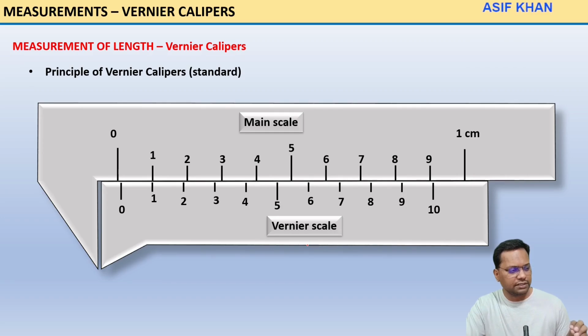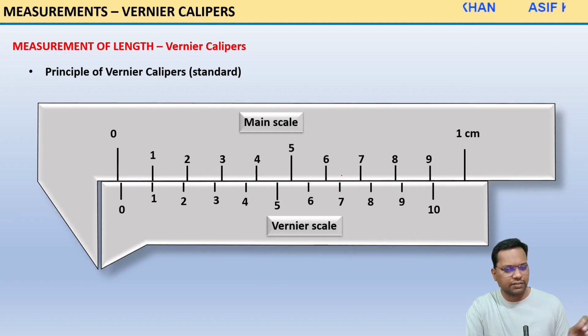Whatever difference you see, that is 0.1 mm, is now created between the two zeros. So in the case of a Vernier calipers, when we take a measurement, we always find the distance between the two zero lines. One is the zero line on the main scale, the other is the zero line on the Vernier scale.